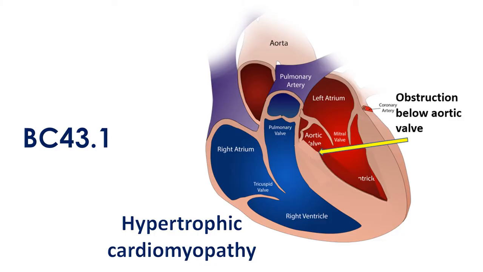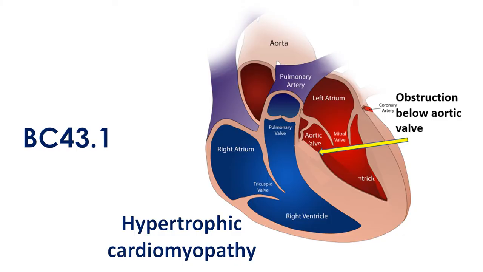Diseases of the heart muscles or chambers are included under BC40s, with inflammation of the heart or myocarditis coded as BC42. Heart muscle disease, cardiomyopathy, is coded as BC43.